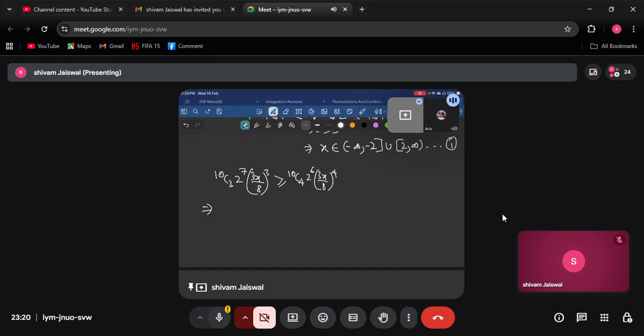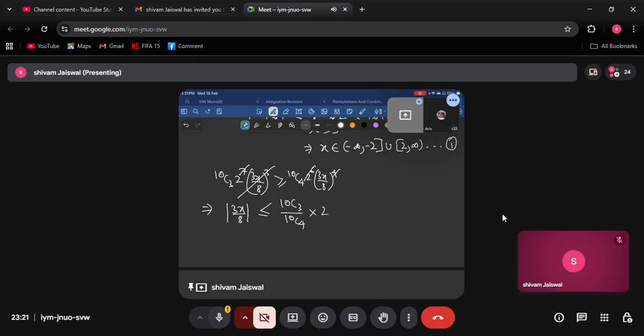We can do some cancellation for better results. Okay. So mod of 3x by 8 must be less than or equal to 10C3 by 10C4 into 2.